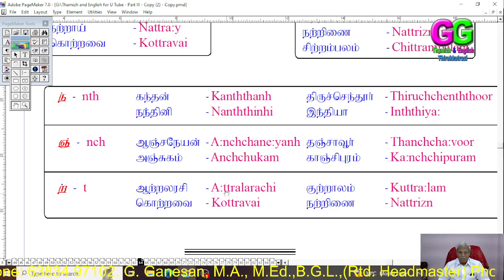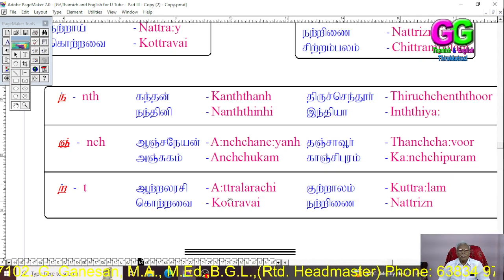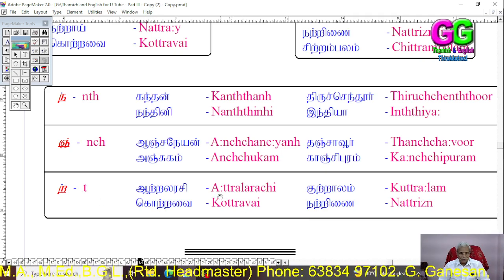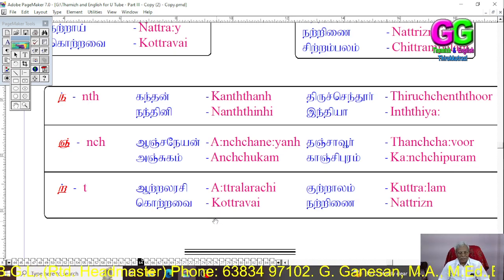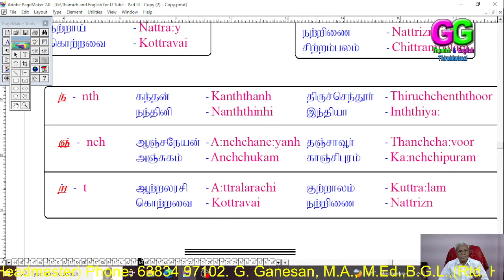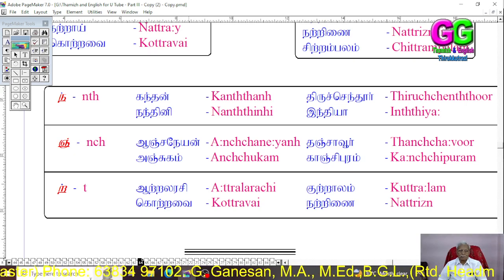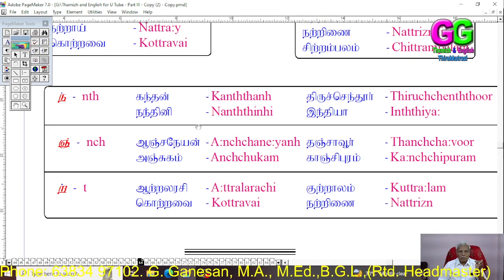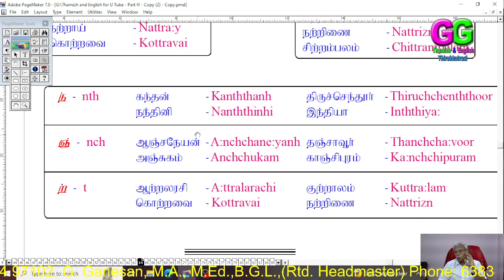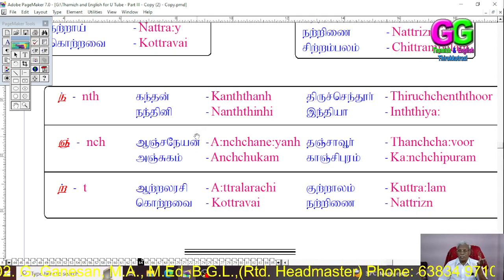Kotravai. Dear students, dear elders, dear teachers, I have used T for it. Then TR for ir. There are two phonemes, ir and it. We are using the English letter R for both these phonemes, ir and it.